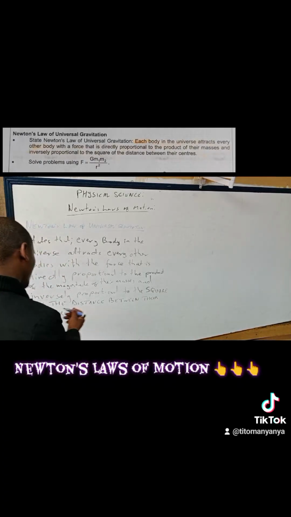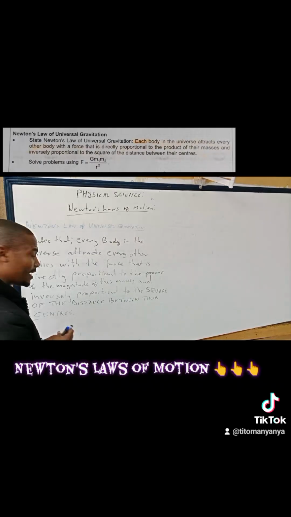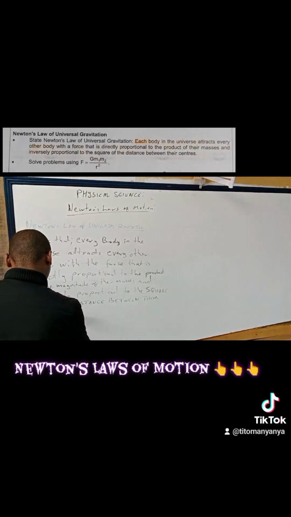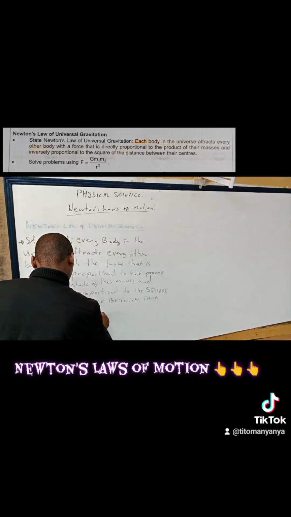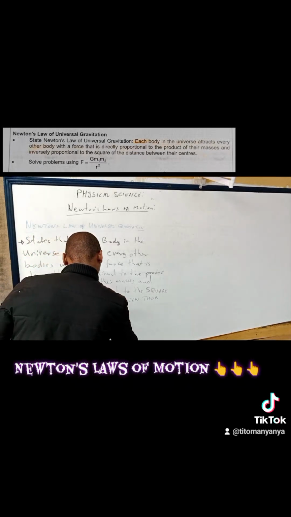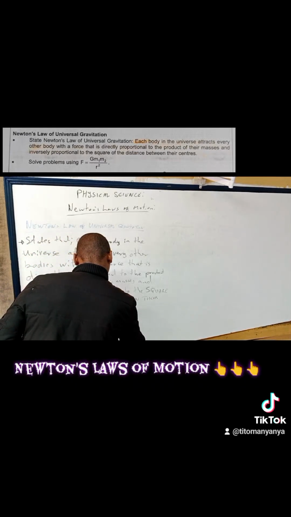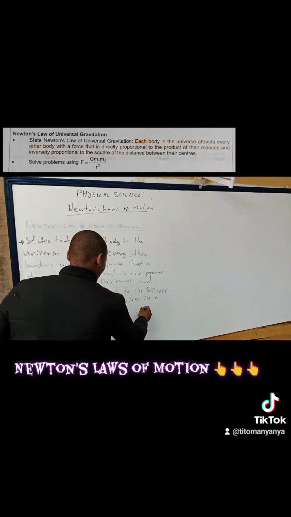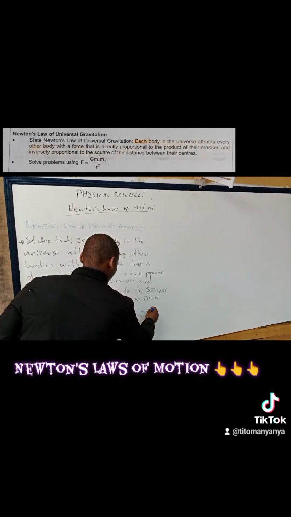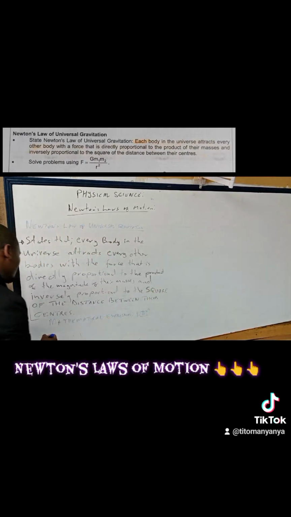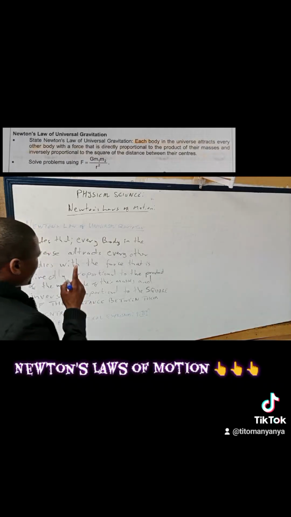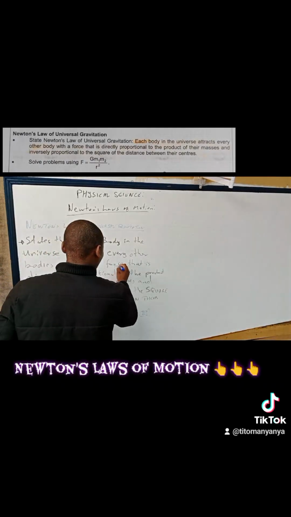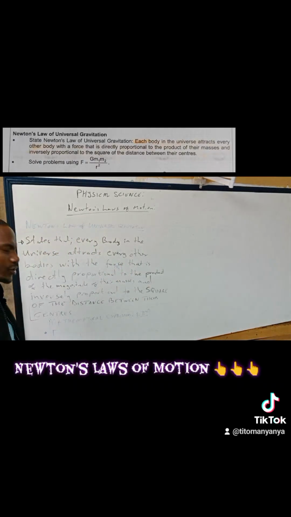Okay? Here again, I think we have the mathematical expression. Let's look at the mathematical expression here, like Newton's third law. So the first bullet, to my understanding, this force refers to the force of gravity, gravitational force.